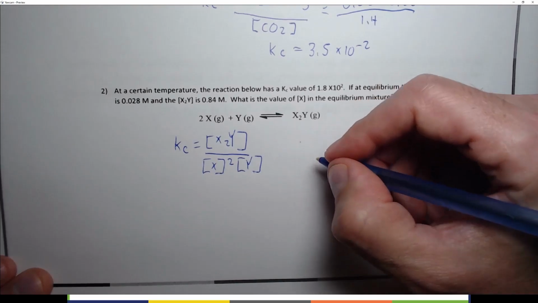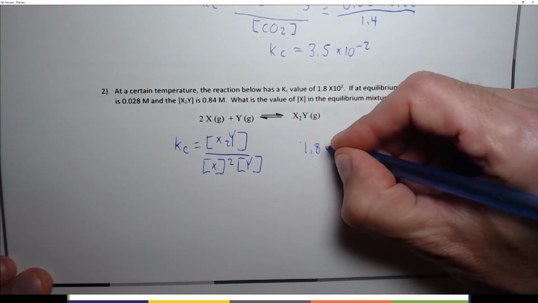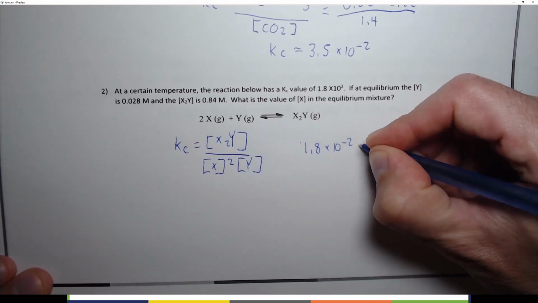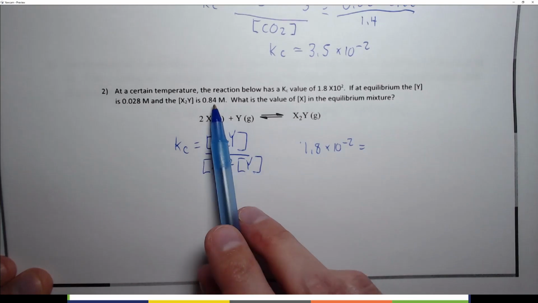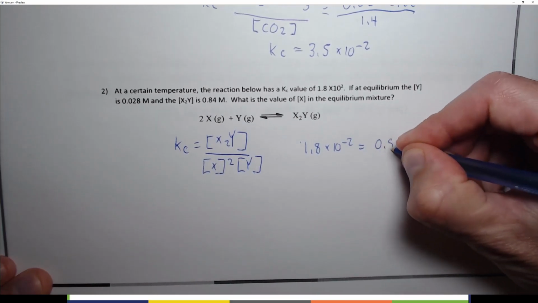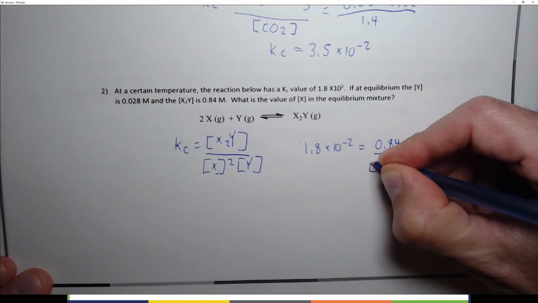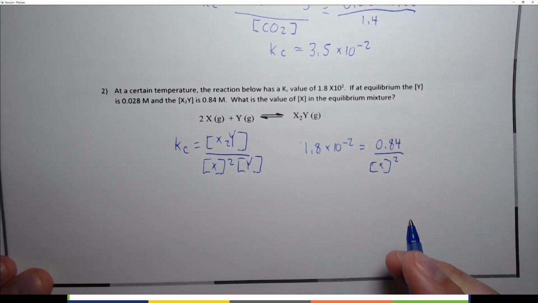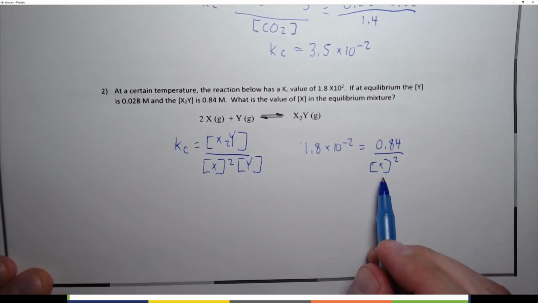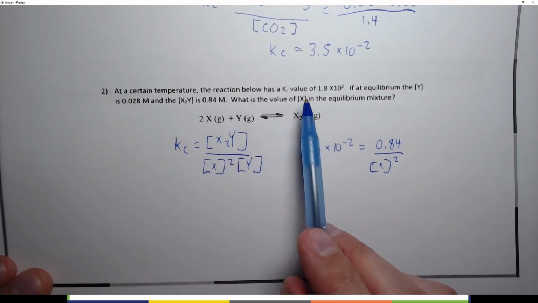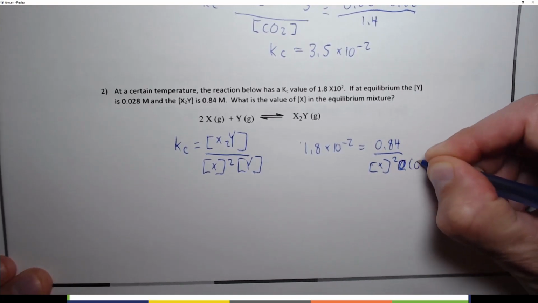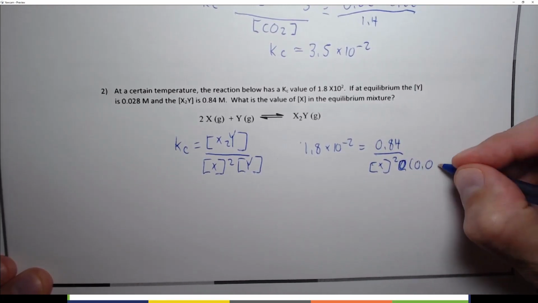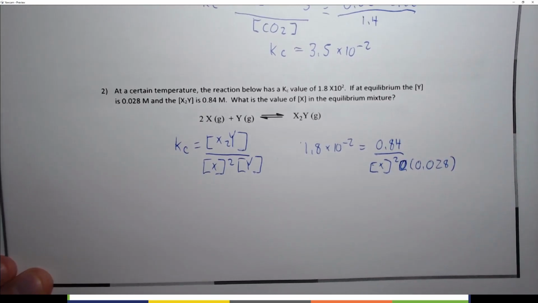Plugging in. Kc, we know, 1.8 times 10 to the minus 2 equals the concentration of X2Y is given in the problem, 0.84. The concentration of X squared is our variable, that's what we're looking for, and the concentration of Y is given to us as 0.028, like so. Okay, so now we got to simplify this.